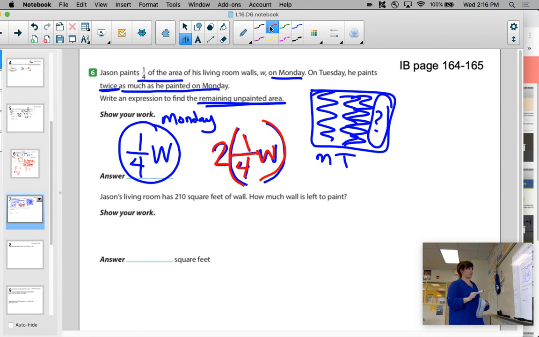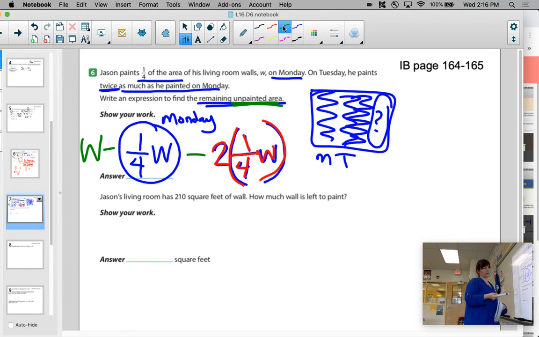Now, in order to find the unpainted area, we have to start with the total and then subtract out what he did on Monday and then subtract out what he did on Tuesday. Did you see how that worked?